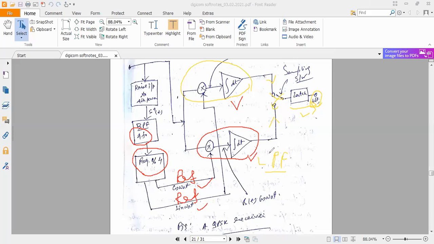Whenever you study QPSK, you have to compare it with BPSK, then it will be much easier.